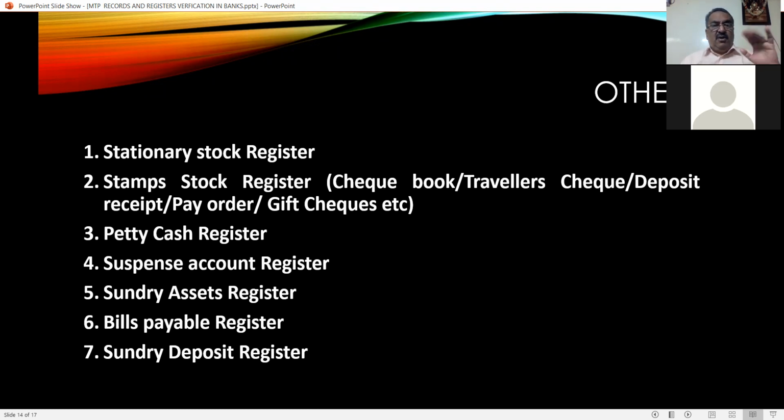All this is now system based. You can take the printout and verify, but these registers have to be maintained either on a manual basis or on a system basis.